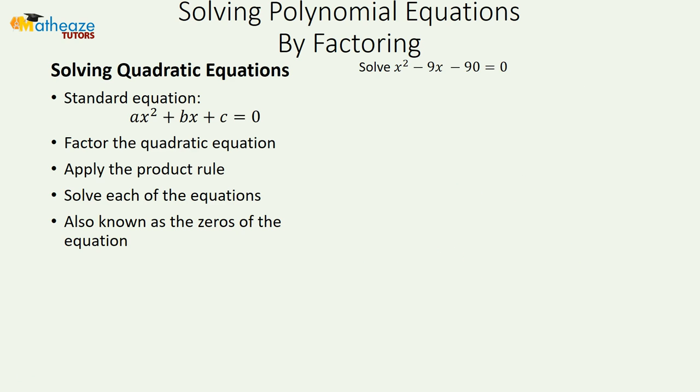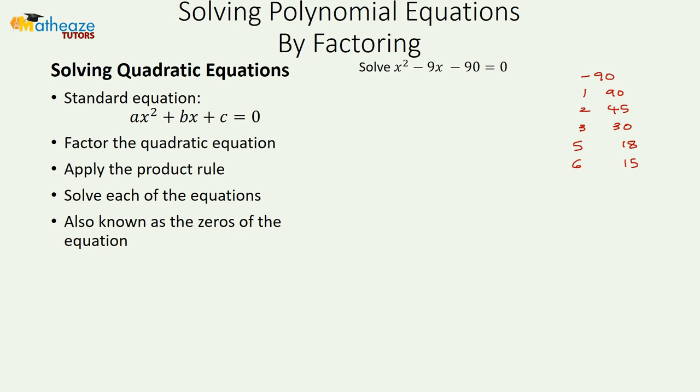Let's apply the same thing here. We're looking for, so we have negative 90. So we're going to look at the factors: 1, 90, 2, 45, 3, 30, 5, 18, 6, 15.